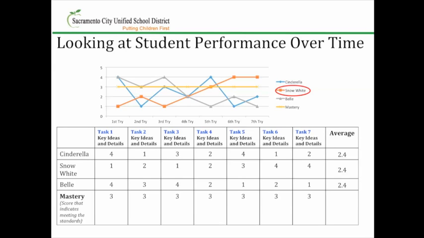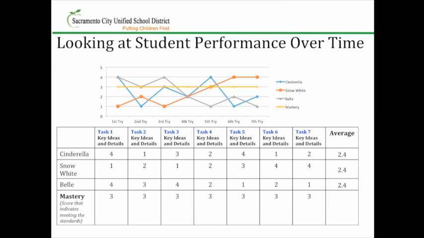Her most recent scores show mastery, and she is beginning to exceed the standards. The last student, Belle, whose scores are represented by the gray line, started off strong, but her most recent work indicates that she is not meeting the standards.